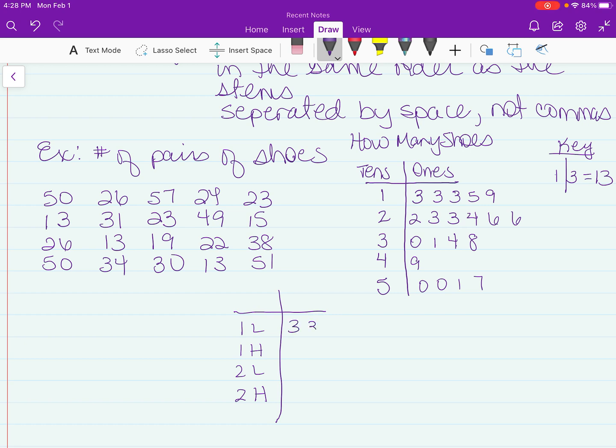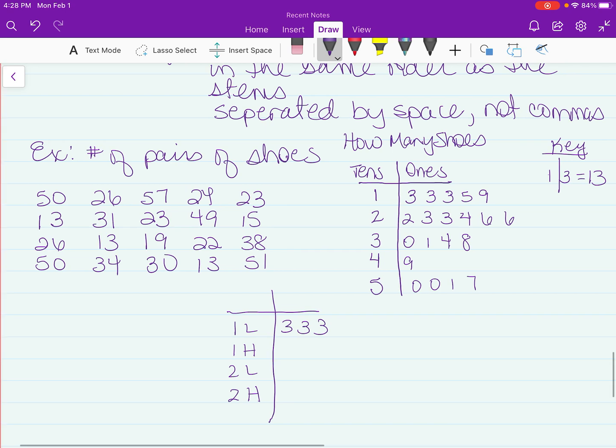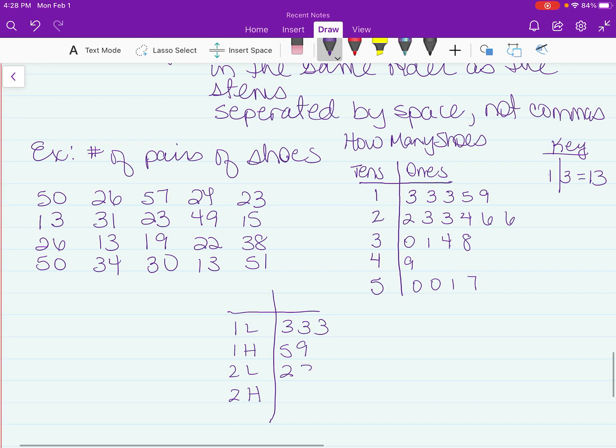The 3, 3, and 3 would go here because 0 to 4 would go in the low, 5 to 9 would go in the high. So then the 5 and the 9. Then for the 2 low would be 2, 3, 3, 4, and the 2 high would be 6, 6. And what that does is, if you have very few stems, it can spread your data out a little more.